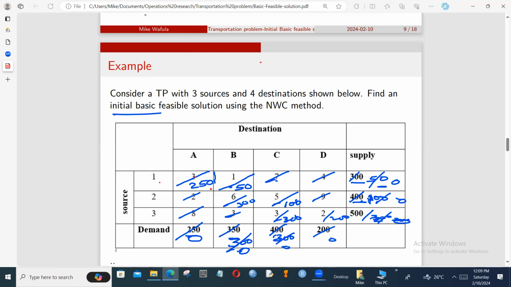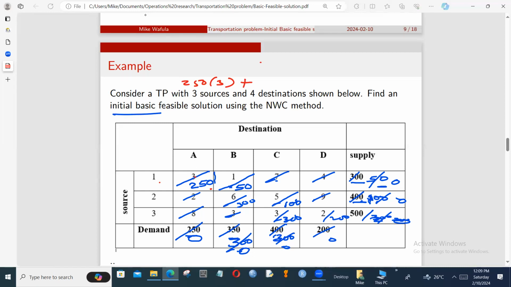So the 250 units will require 250 times the cost of transporting per unit. So that will be the total cost of transporting from source 1 to destination A.